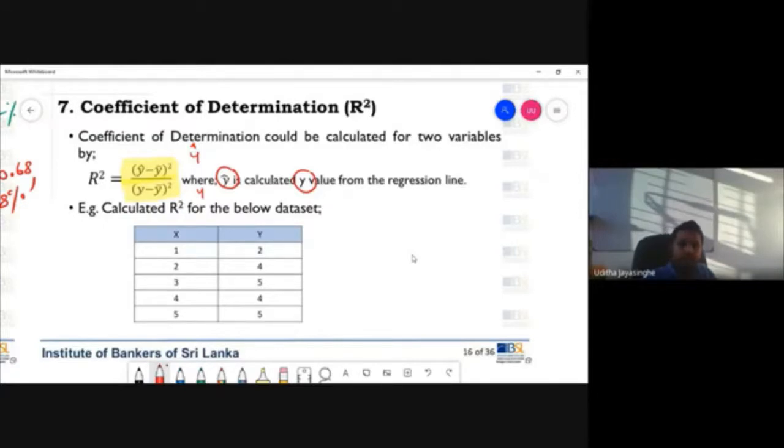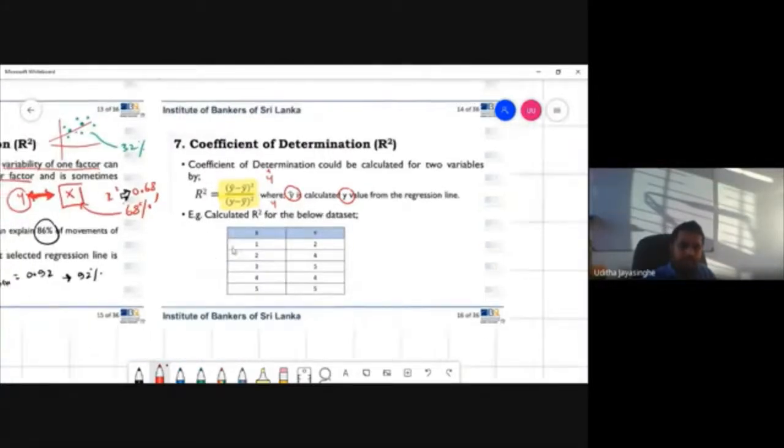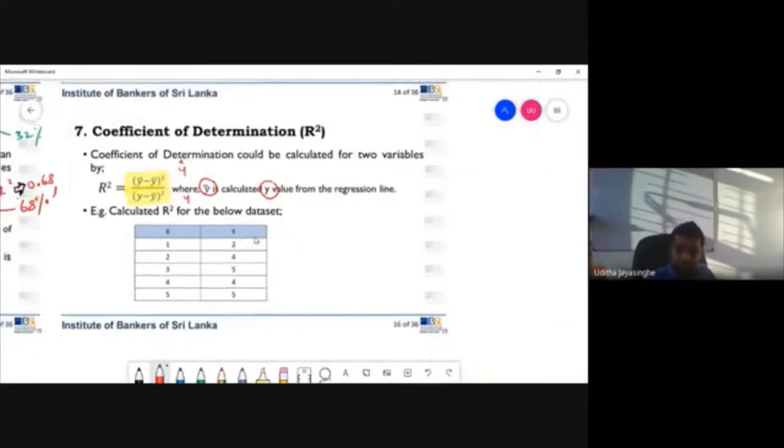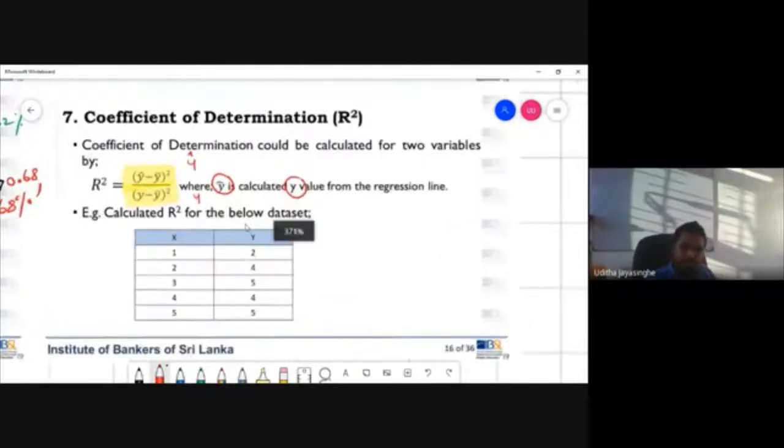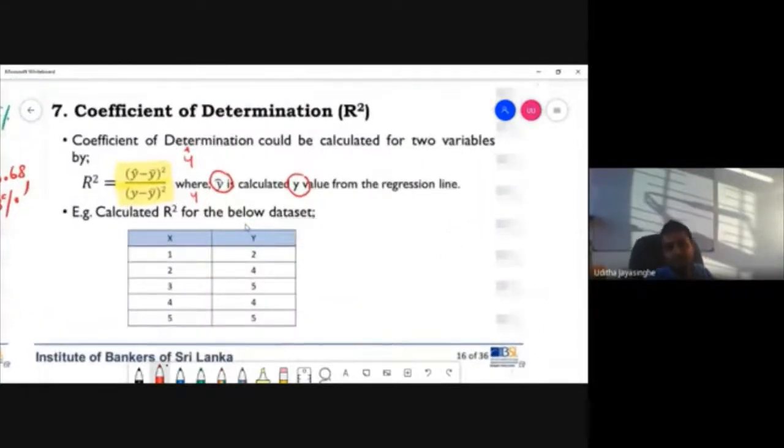Okay, so towards the end of it, we will take a moment and try to calculate this R square for a two variable example. I mean, R square can be calculated for multiple regression also, but don't forget that for multiple regression, when we are going to explain one particular variable, we have to isolate that, assume that all other variables are not going to change, and then discuss that particular variable like in a nice xy plane.